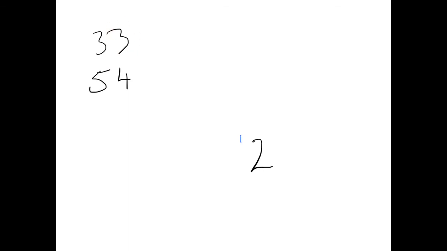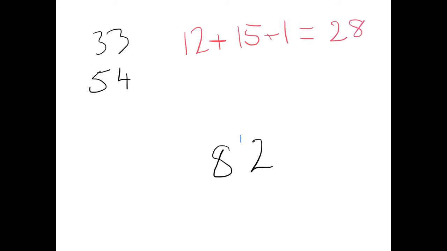So in this example we're going to start by multiplying 3 times 4, which is 12. Then it's 5 times 3, which is 15. And then we add our carry 1 there. 12 plus 15 equals 27, 28. So we can pop the 8 in there and we have a 2 to carry.